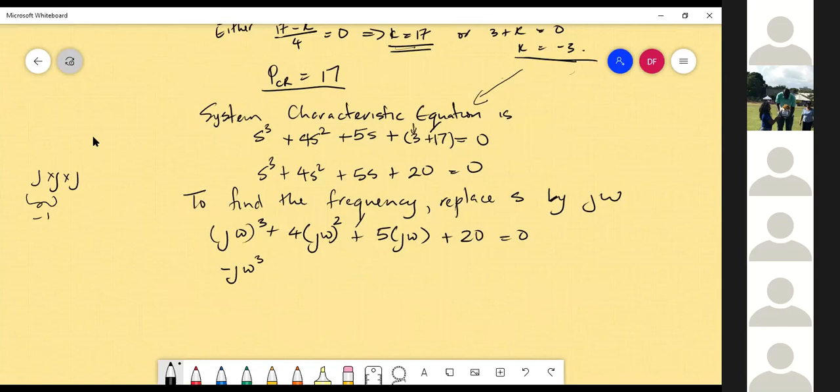And j squared is minus 1, so this is going to be minus 4 omega squared plus 5 j omega plus 20.